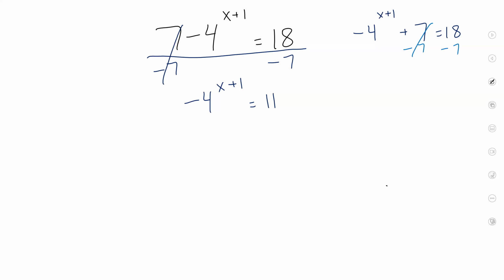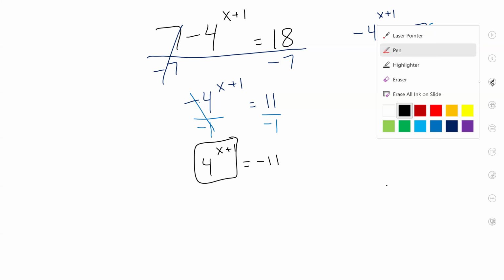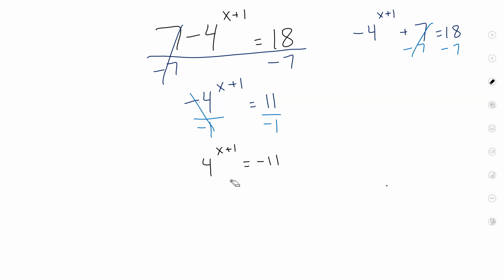Okay, so now I'm here. Now I'm going to get rid of this negative by dividing by -1. So now I get 4 to the power of x plus 1 equals -11. Now it is isolated. There's nothing else attached to it except for the exponent. So the next step is to change this to a log. How do I write this as a log?